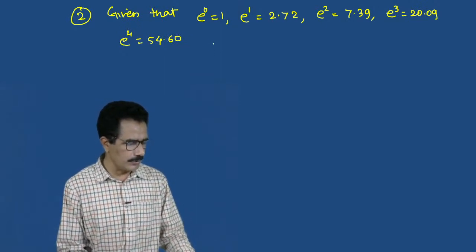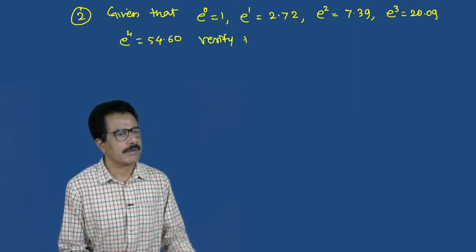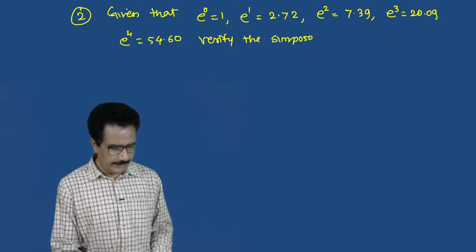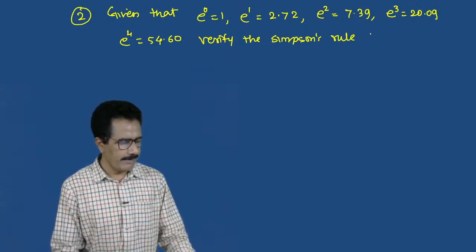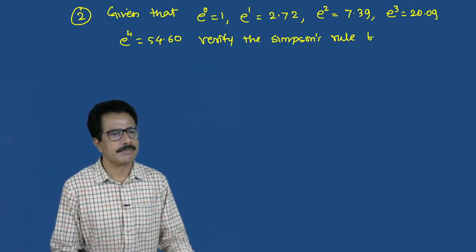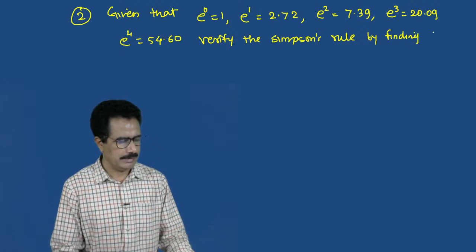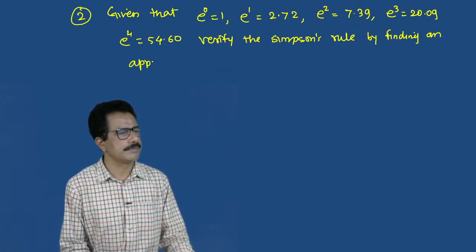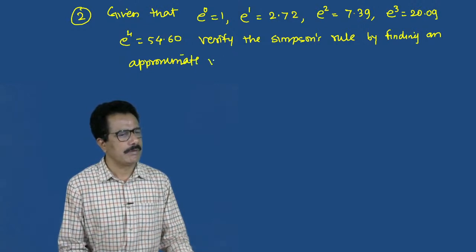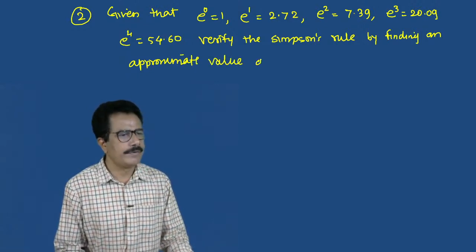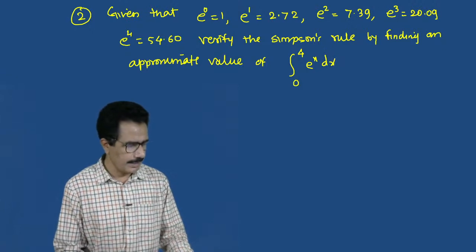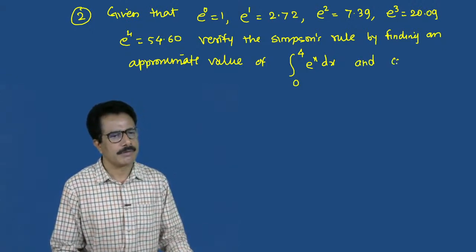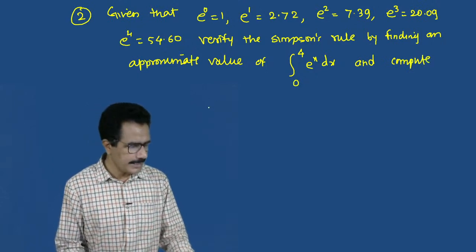Verify the Simpsons rule by finding approximate value of integral from 0 to 4 e raised to x dx and compute the exact value.